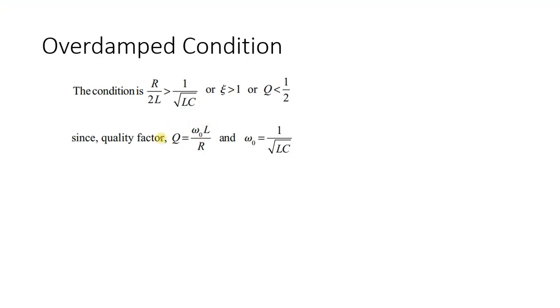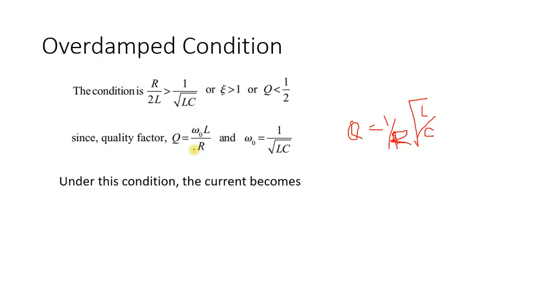Now you substitute this value into this equation, which gives 1 by R into square root of L by C. So this is the formula for the quality factor. Now you substitute these values, and the current becomes equal to this.